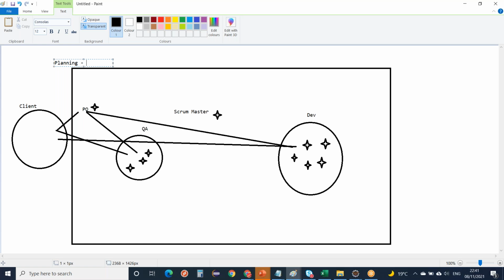Planning related activities will be discussed. And there is a sprint review meeting: how your sprint has gone, the review of your sprint. And then you have a sprint retrospective.